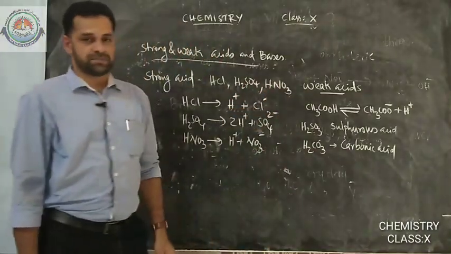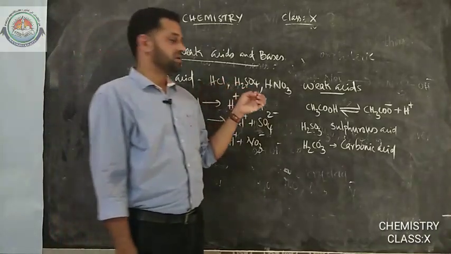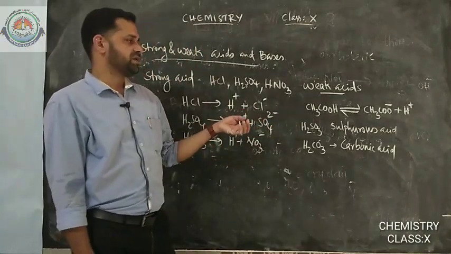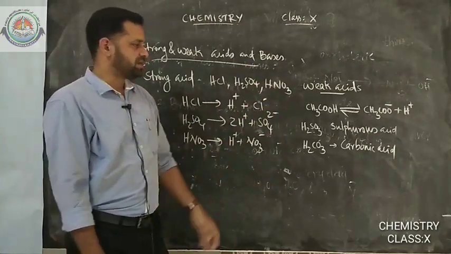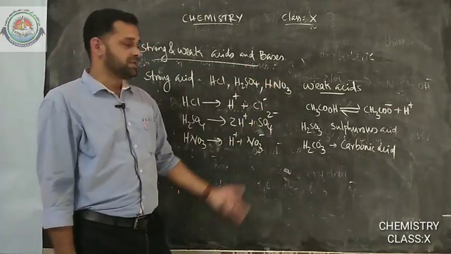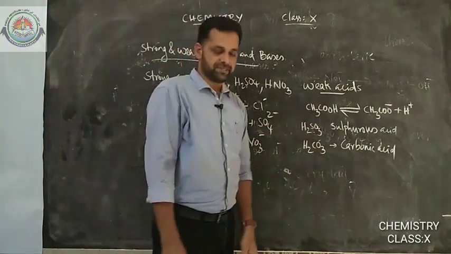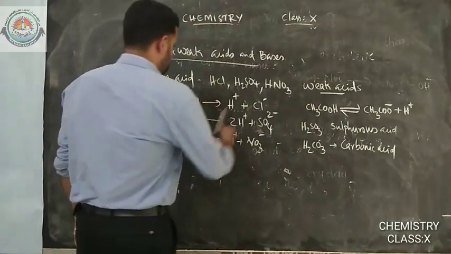Weak acids are the substances which dissociate partially or undergo partial ionization and give lesser amount of H plus ions. Example: acetic acid, sulfurous acid, lactic acid, carbonic acid, all these are weak acids. Now, that is acids. Then what about bases?